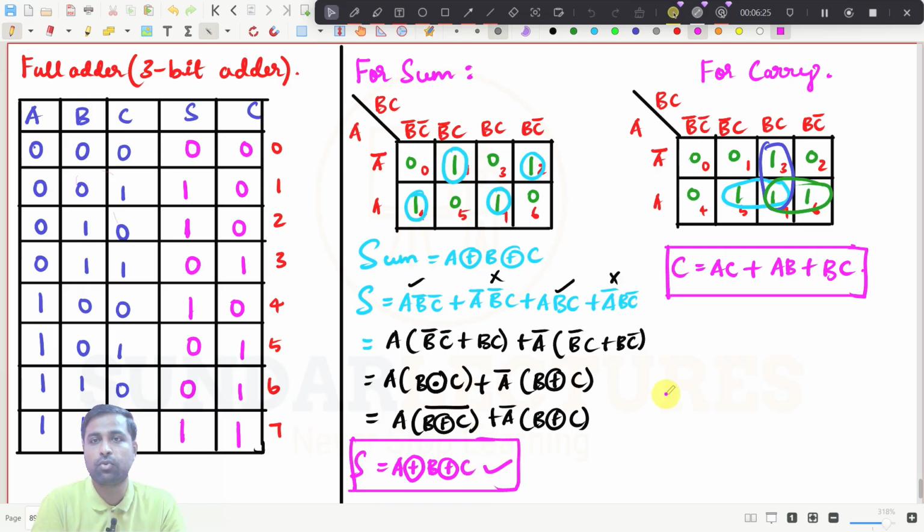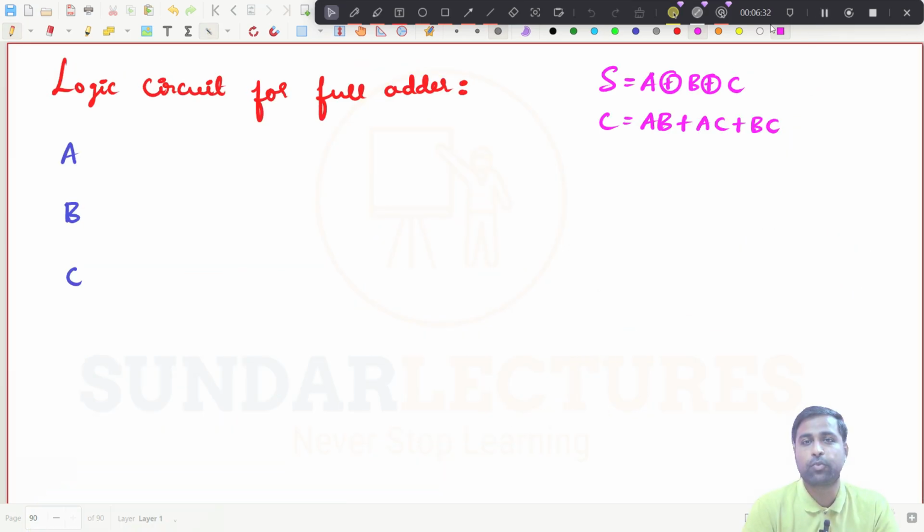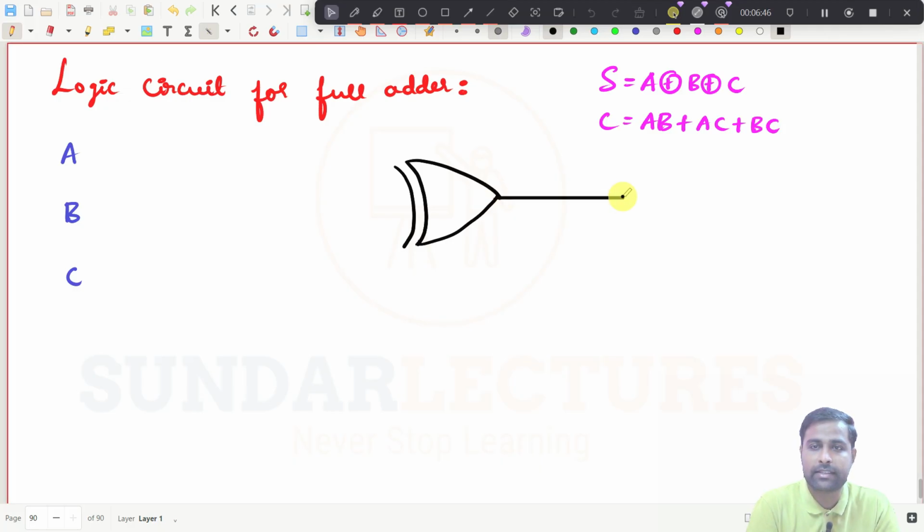So for these two we have to draw the logic diagram. How will you draw this one? Now you see this one. This is the sum and carry equation, right? So what I can do now is put an XOR gate like this, and I can write this as my sum.